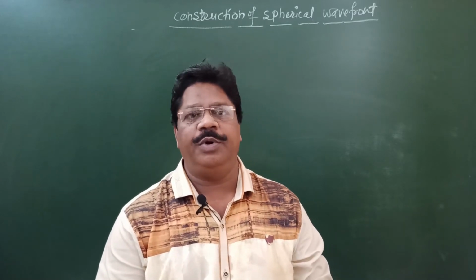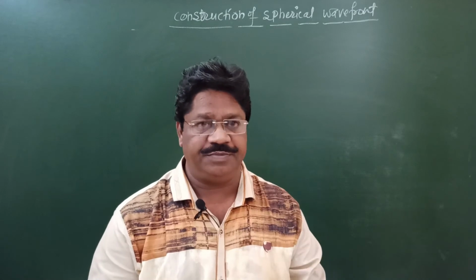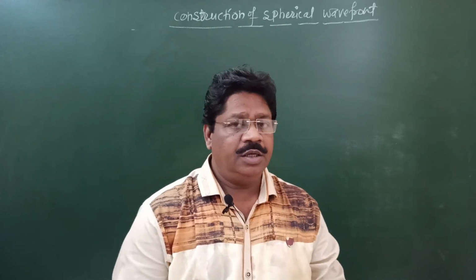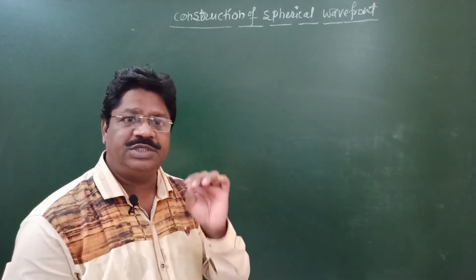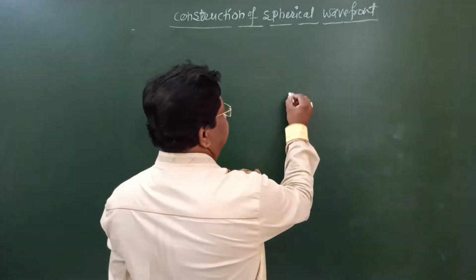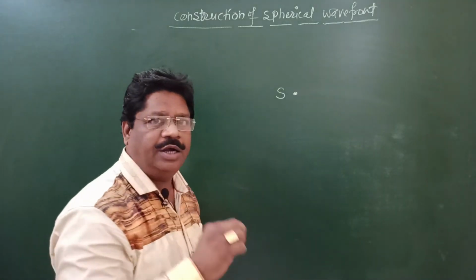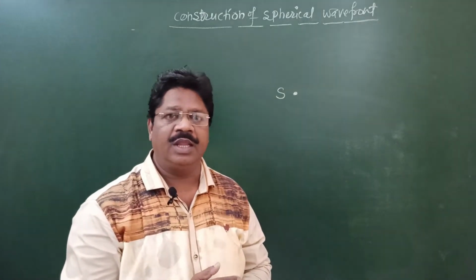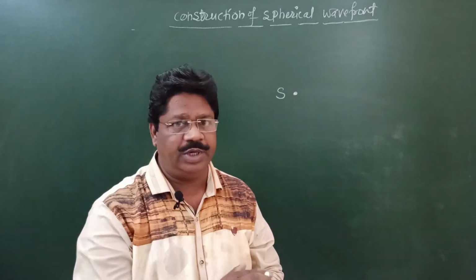The spherical wavefront means it is the wavefront in the form of a sphere or a part of a sphere. To construct it, suppose this is the source S at a finite distance. Light waves are emitting from this source in all possible directions.